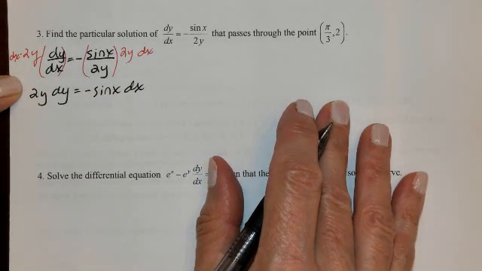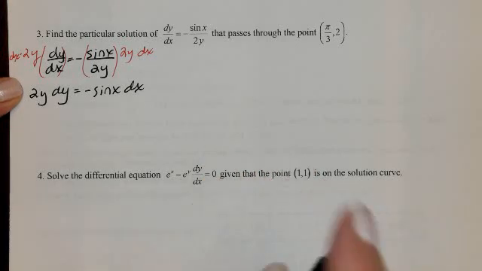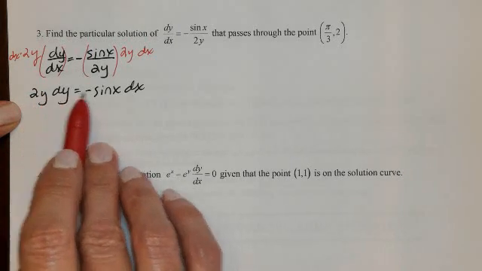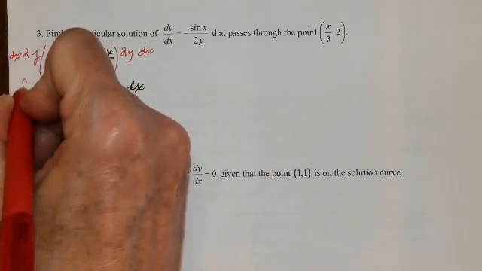So separate, but don't rush into that. Just take your time and do it correctly. Now we have a function of y times dy is equal to a function of x times dx. Time to integrate.